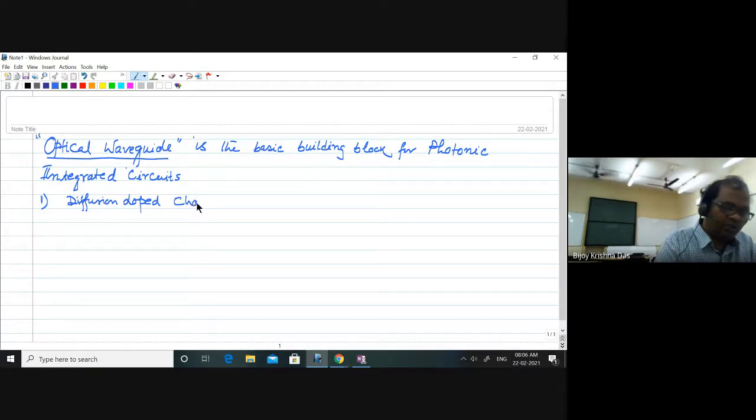Of course, I will not discuss the optical fiber. That is also an optical waveguide, but what we are talking about is photonic integrated circuits, so it is a planar waveguide circuit. That is what I mean to say. So, the diffusion doped channel waveguide.